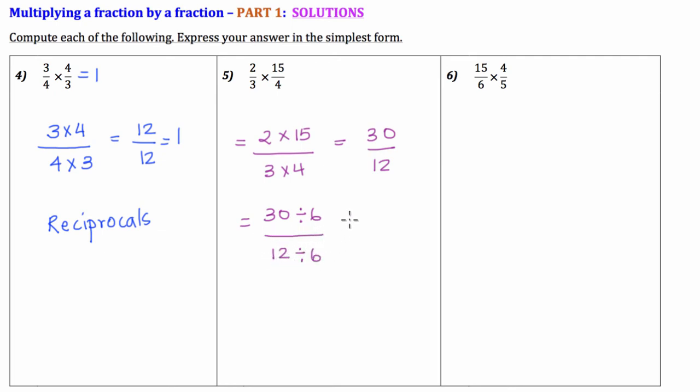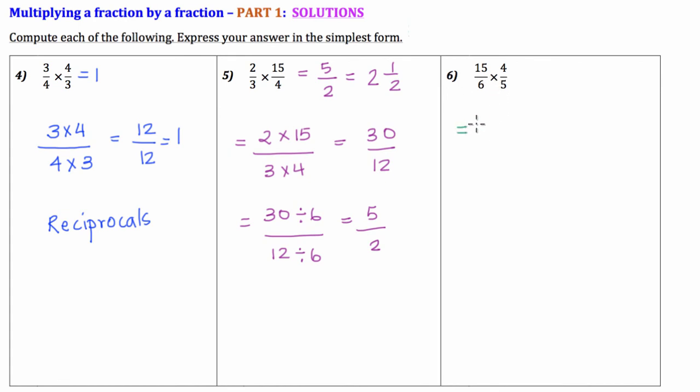And 30 divided by 6 equals 5 and 12 divided by 6 equals 2. So we can leave the answer at 5/2, or we can convert this into a mixed number, and that is equal to 2.5.